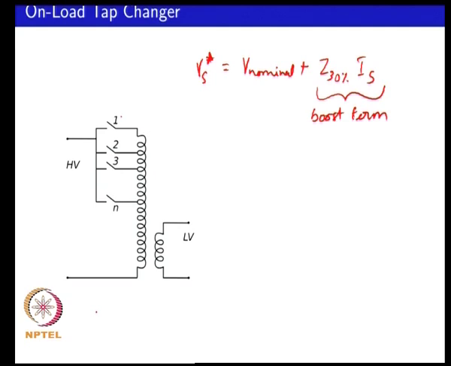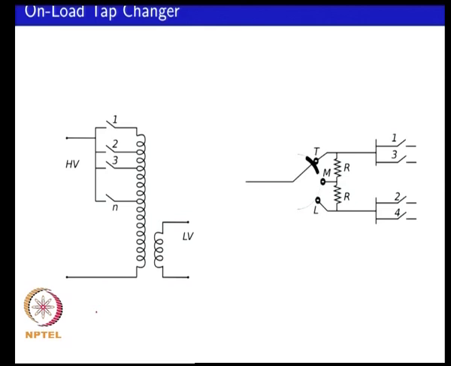So, you would have on load tap changes where say for example, you can have a mechanism such as what is shown over here to actually ensure that when you are changing from one tap to the next tap, you do not have overcurrent.